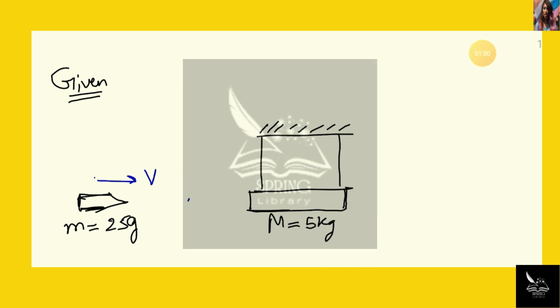After the collision, the center of this ballistic pendulum rises by 10 centimeter. That means the new position of the ballistic pendulum has a vertical displacement of 10 centimeter with respect to the initial position.